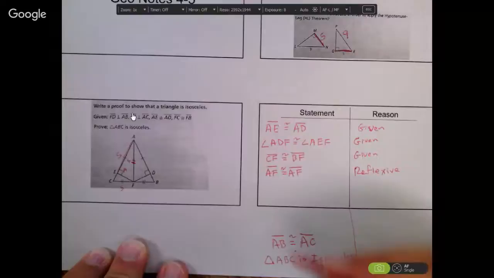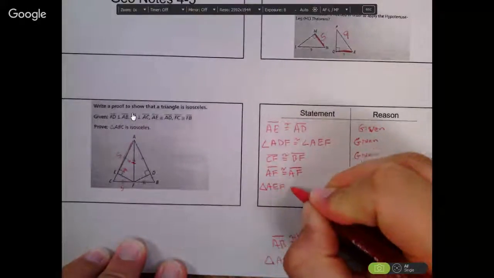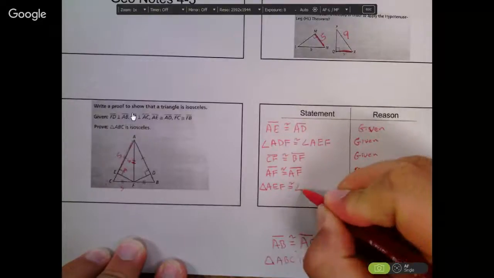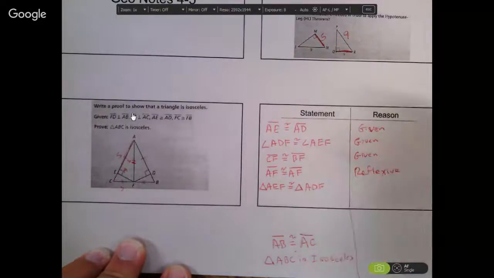Triangle AEF is congruent to triangle ADF. How do I know that? Side, angle, side. That's for parts, we're not there yet.